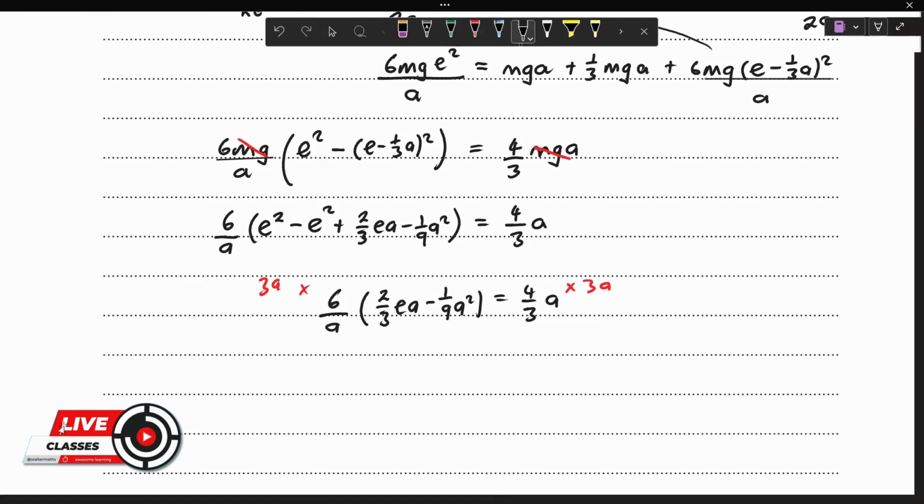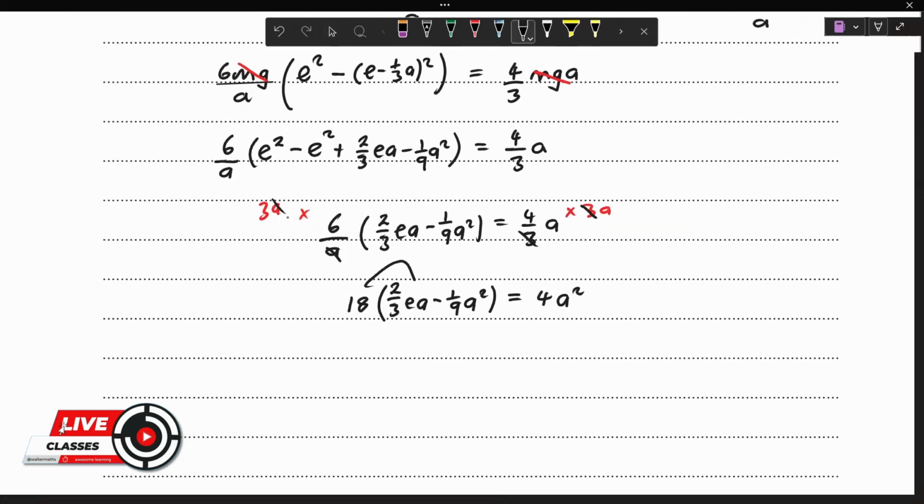If we do, we know that the A's cancel. 6 times 3 is 18. So we have 18 of 2/3 EA minus a ninth of A squared being equal to, 3 goes into 3 once, so we have 4A squared remaining on the right side.